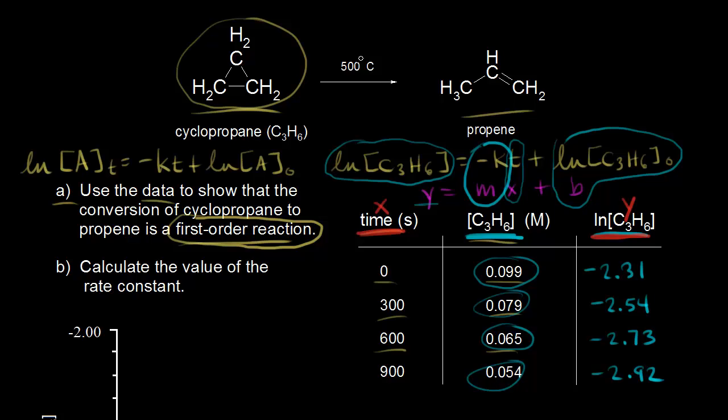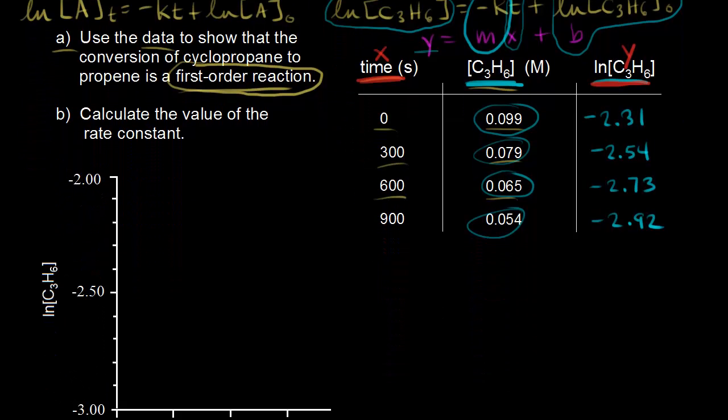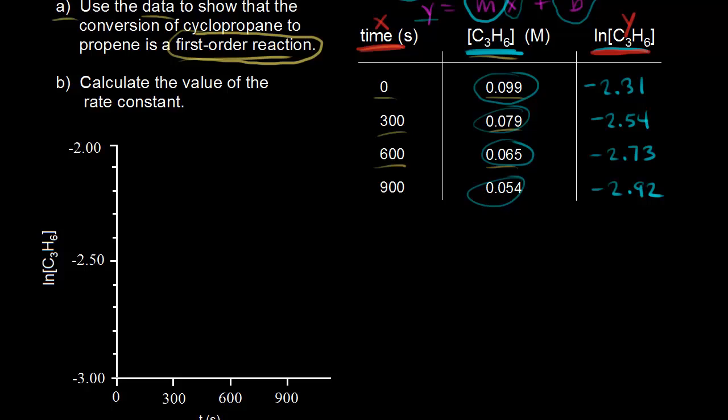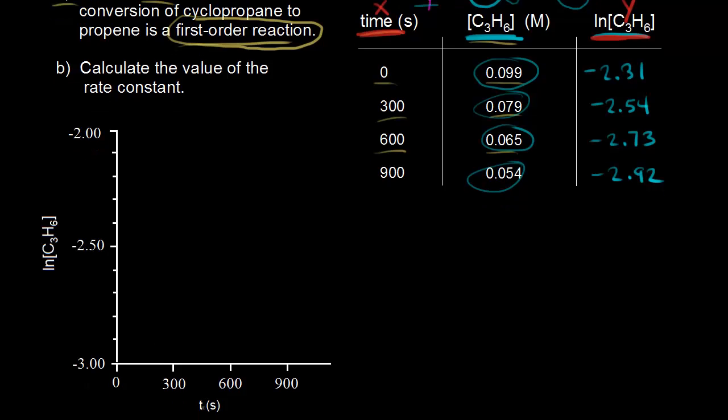So let's go down here and look. I already have the axes labeled: on the x-axis we have time, and on the y-axis we have the natural log of the concentration of cyclopropane. Let's figure out some points on our graph. When time is equal to 0, y is equal to negative 2.31.